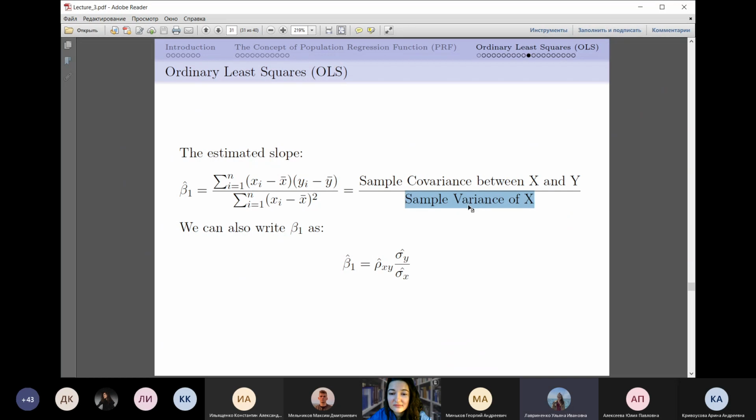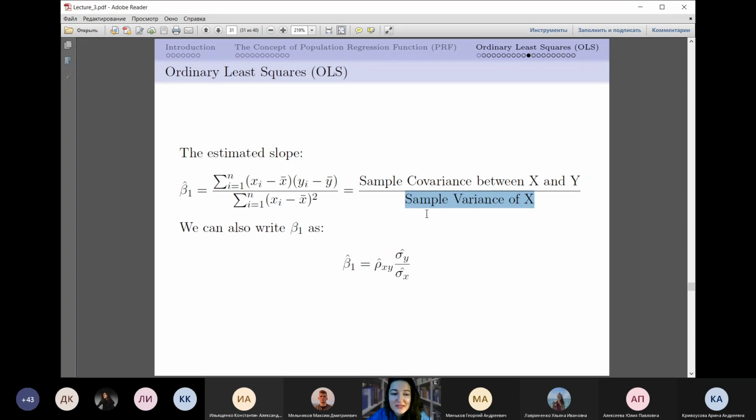Beta 1 becomes less, because we divide it by the sample variance. Okay. So we will discuss in detail what this means next time, but now let's remember your answers.